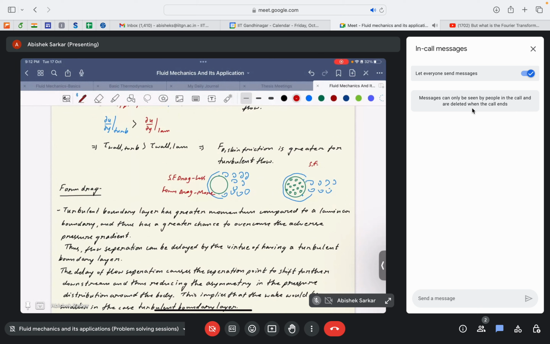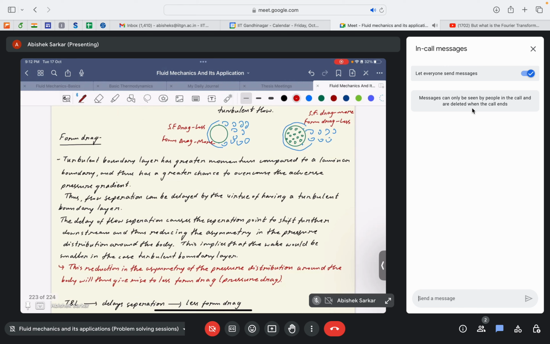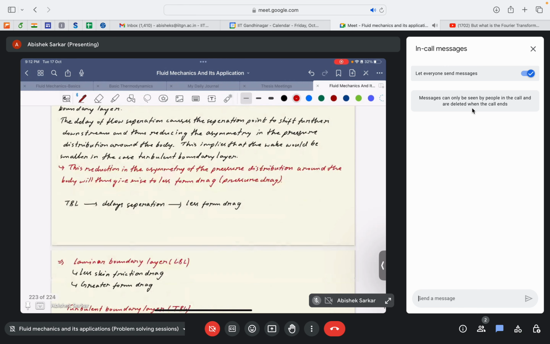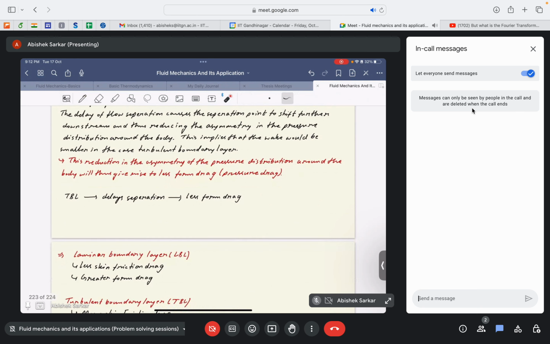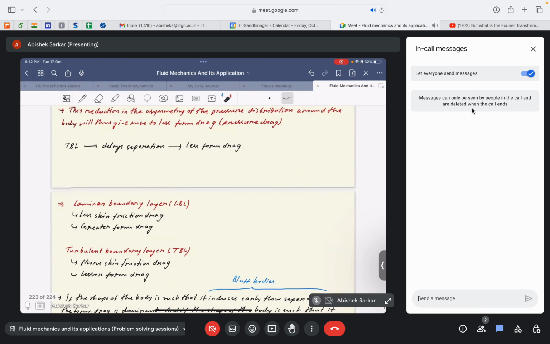So skin friction drag is more, and form drag is less. That is what is being explained here. The turbulent boundary layers delay separation and give less form drag. Okay, so that is what is told here.